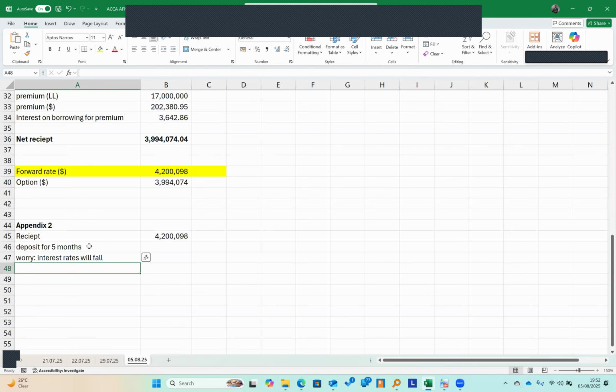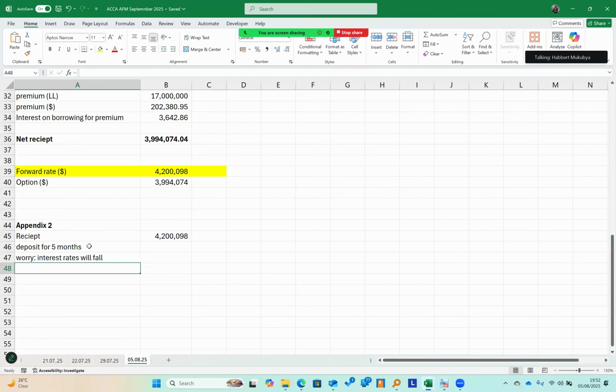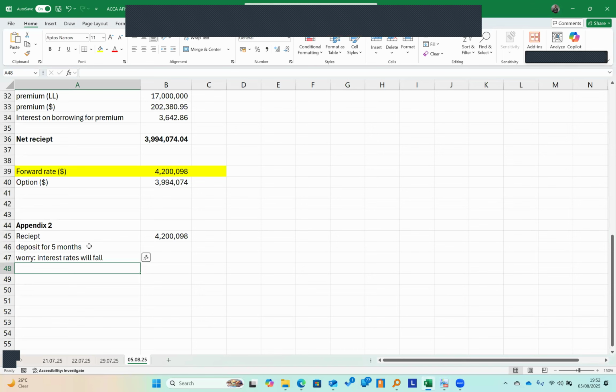Now, if you are worried that the interest rates will fall, then what do you do? We have 3 months contracts of 500,000. If interest rates fall, the futures price will increase.